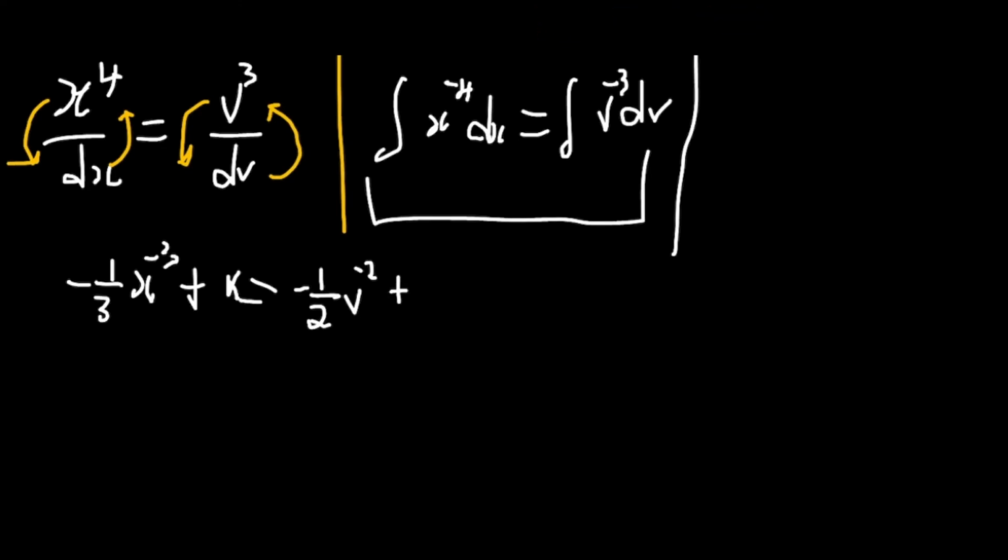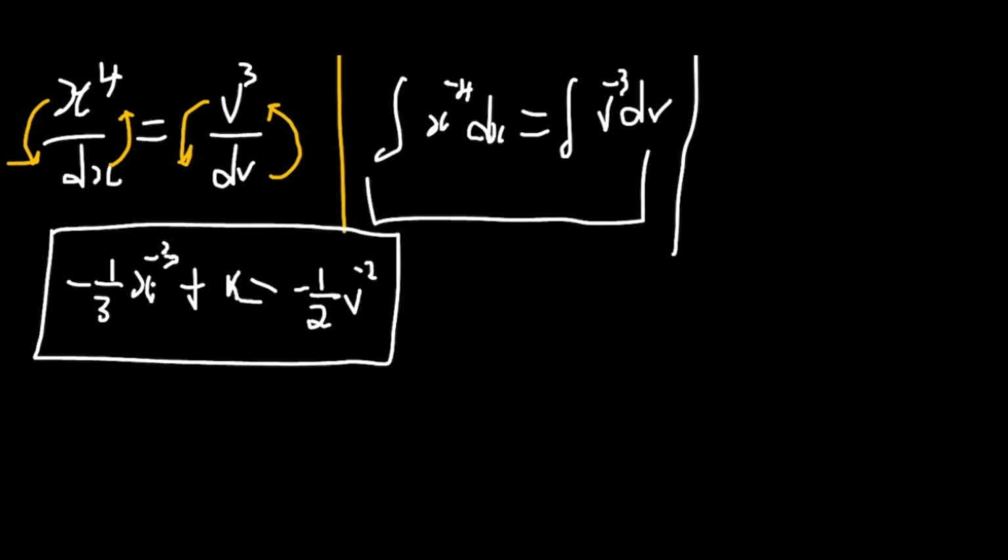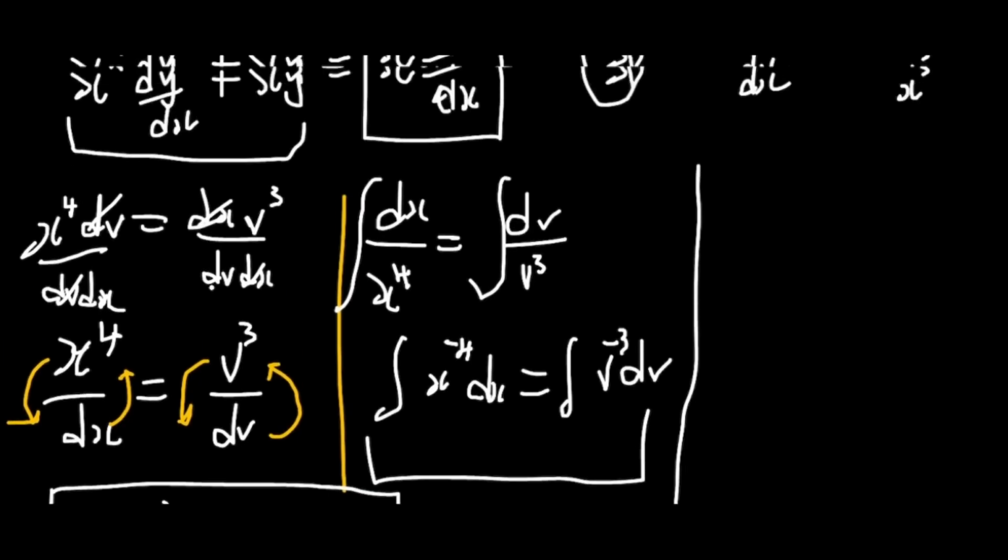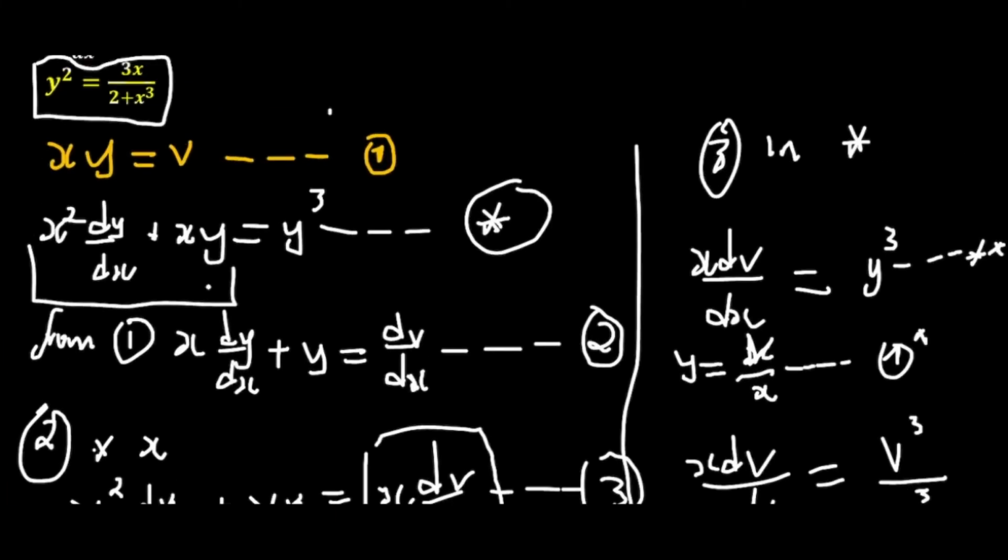We have already mentioned the constant on the left hand side, so there's no need. So basically we have our function in this form. This is actually the solution of the first part of the differential equation.